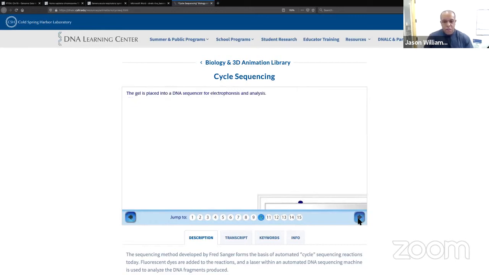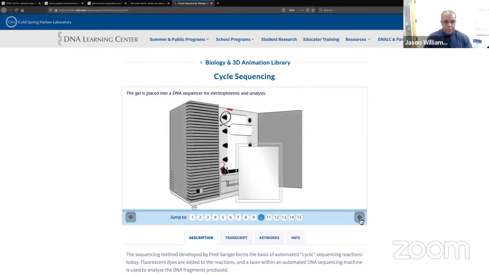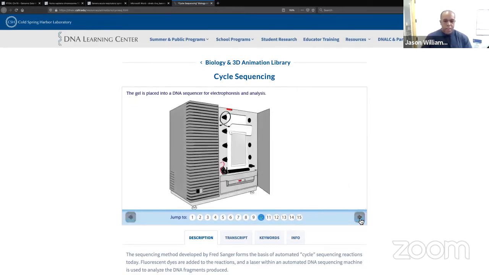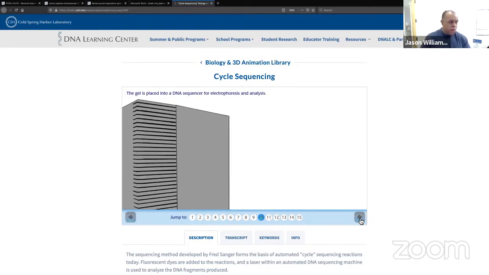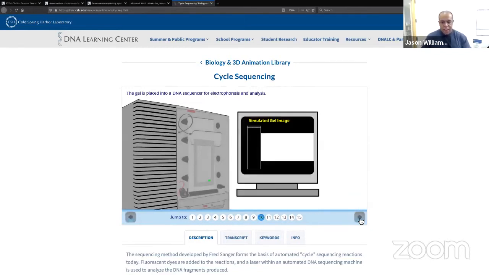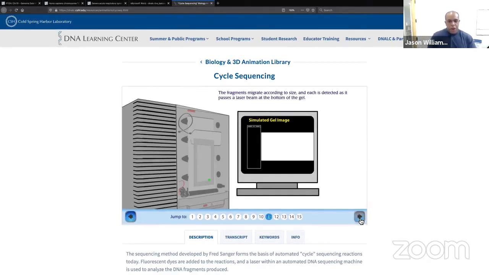And so we load it onto a gel and put it into a machine, and there's a number of ways to do it, but this happens to be the one that we're showing. Most sequencing, called cycle sequencing or Sanger cycle sequencing, works in a very similar way. Here's what happens as we go through. We turn on the electricity, as you know, in electrophoresis, and those DNA bands are pushed by electricity through the gel.